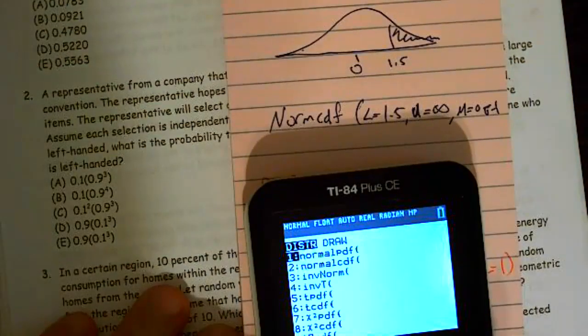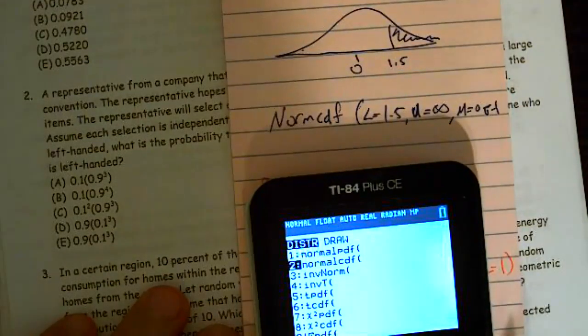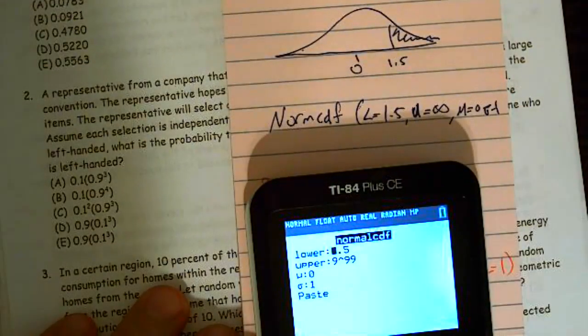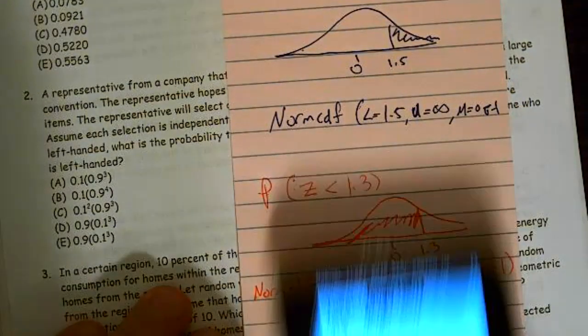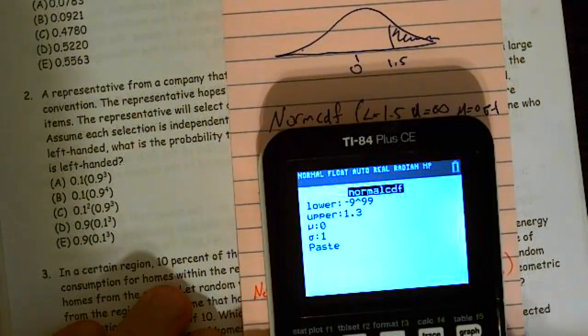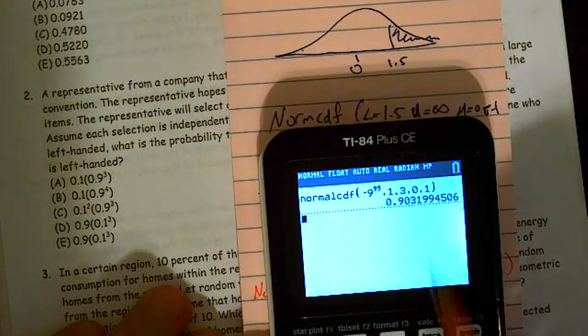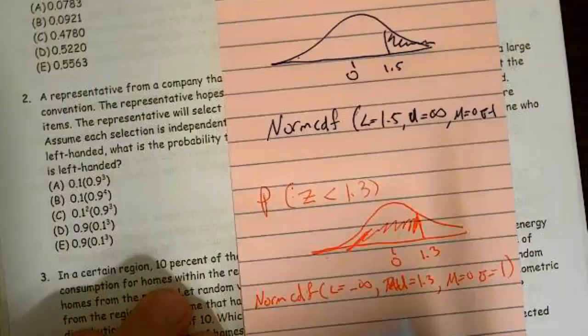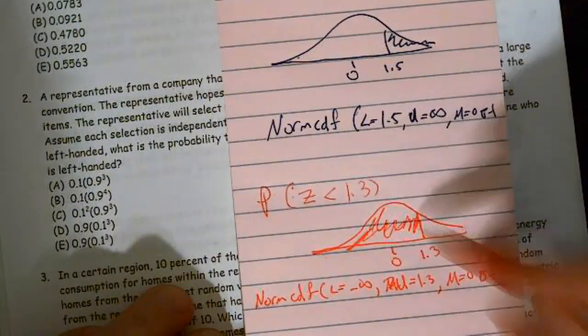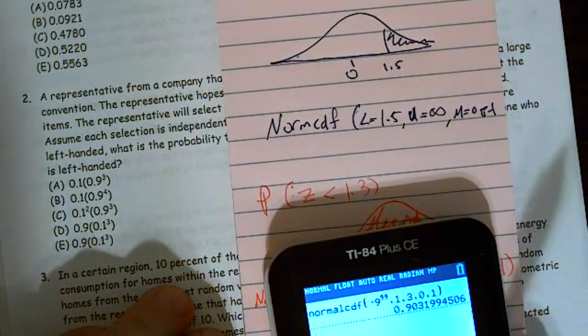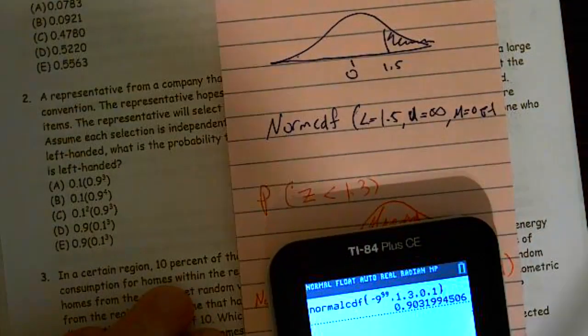So second bars, as long as we're working with a normal, normal CDF, lower bound negative 9.99. Upper, we said was 1.3. Mean is 0, standard deviation of 1. We should get a value greater than 0.5 because we know we're over halfway. And sure enough, I ended up getting a value of 0.903.